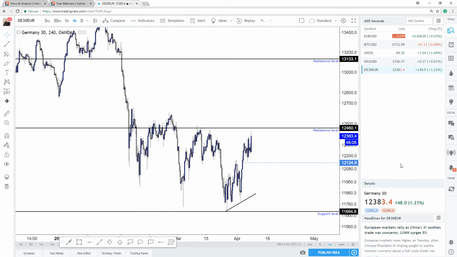It was a statement published overnight, and we're seeing stock markets in general gaining, in particular the Chinese stock market, just because of talks of reform. Anyhow, I think if we take out 12,460, the market could head a little bit higher. And as long as it's above 12,134, it turns bullish above this level.